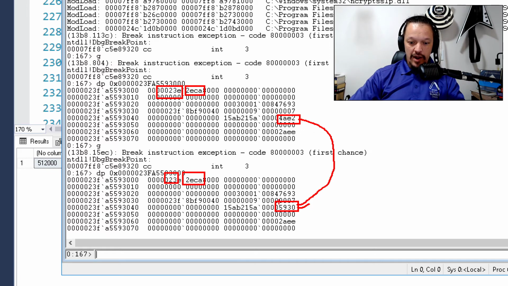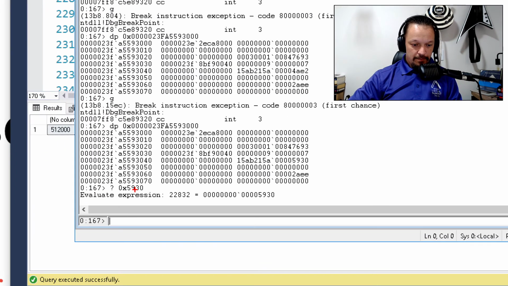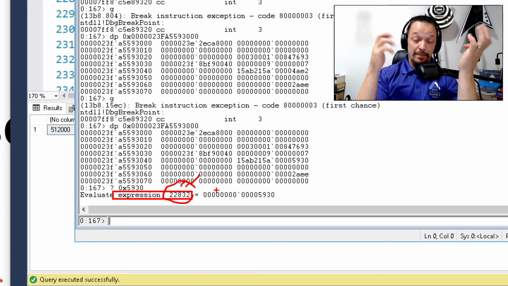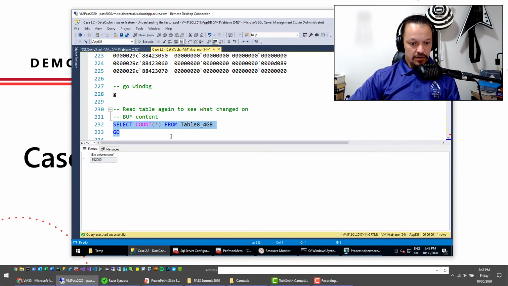We could actually grab this hexadecimal value and convert it into a decimal to see. Yep, the value is 22832. This is the BUs1 that is stored into the buffer structure, the buff structure. That's cool, isn't it?